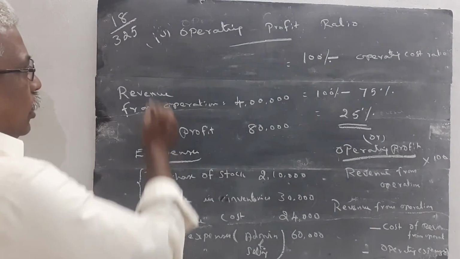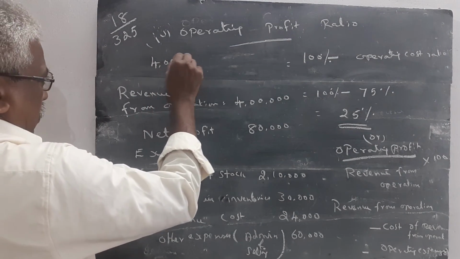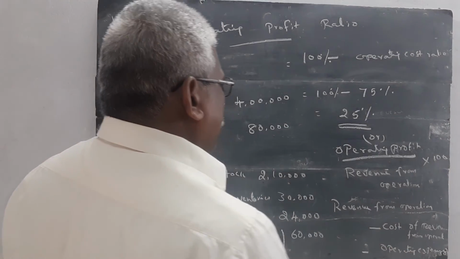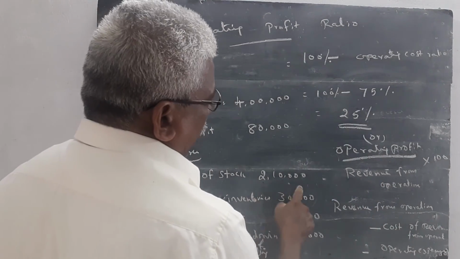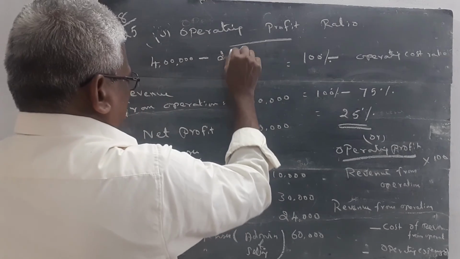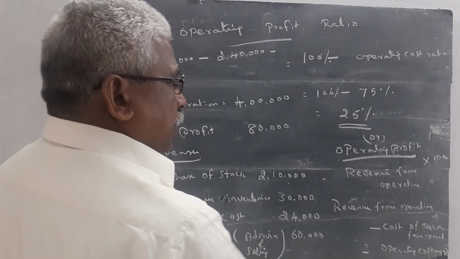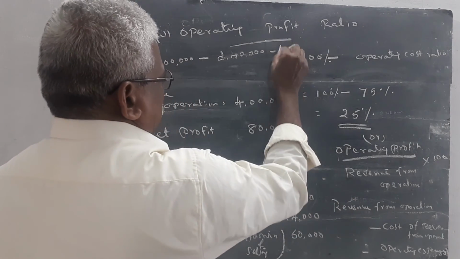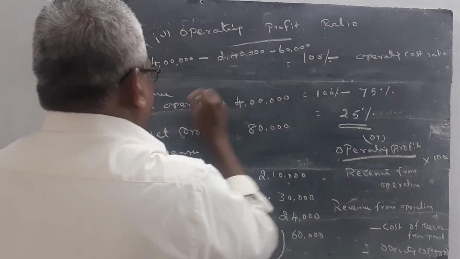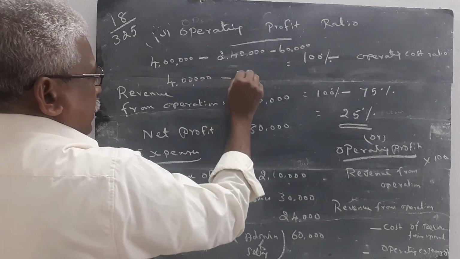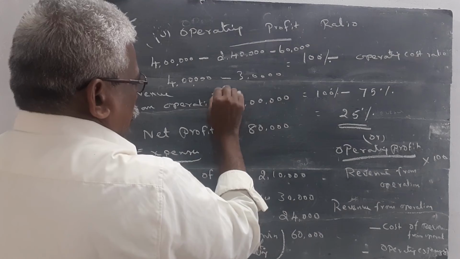Revenue from operation is equal to 4 lakh, minus cost of revenue from operation, which we already calculated as 2,40,000, minus operating expenses, which is 60,000. So 4 lakh minus 3 lakhs is equal to 1 lakh.